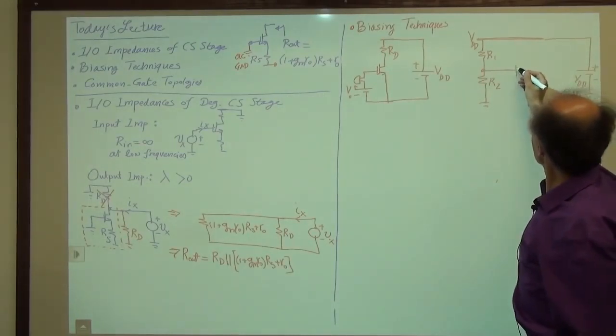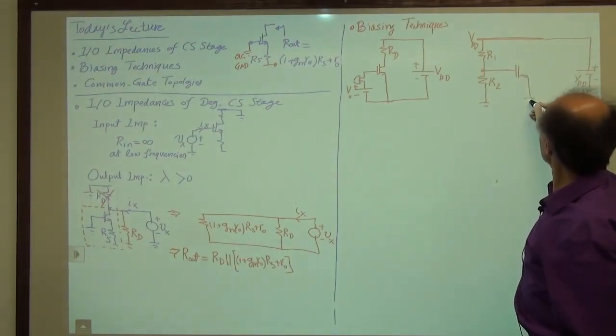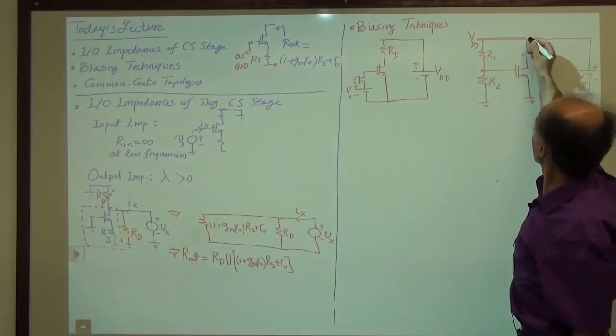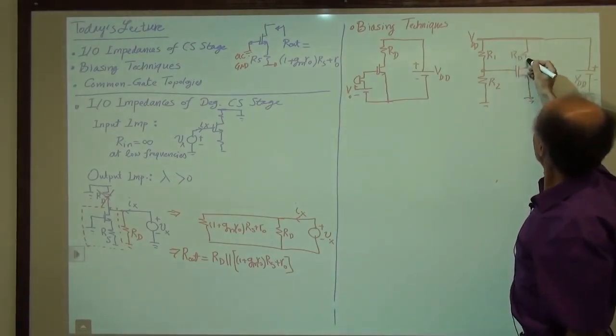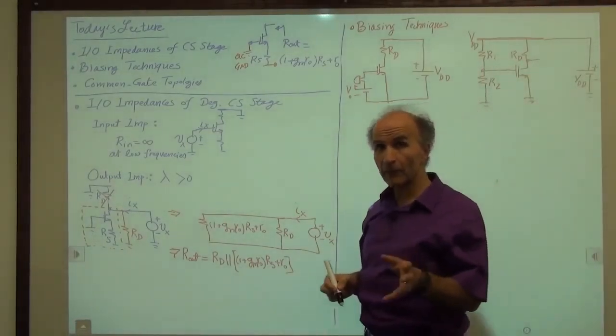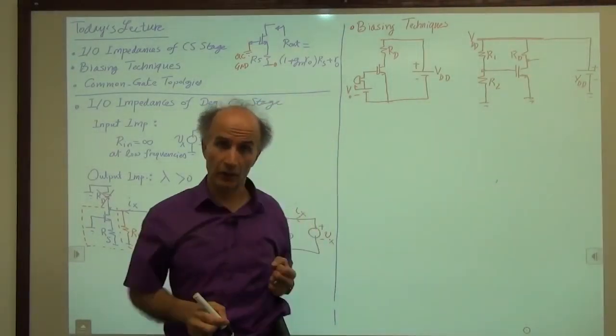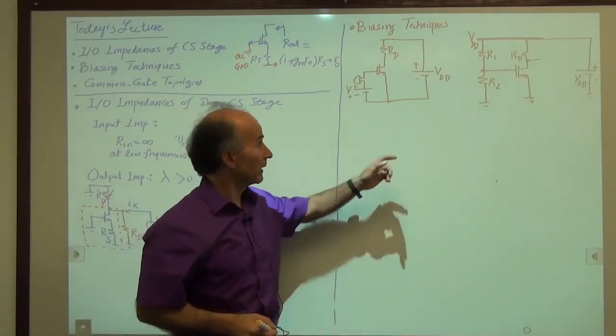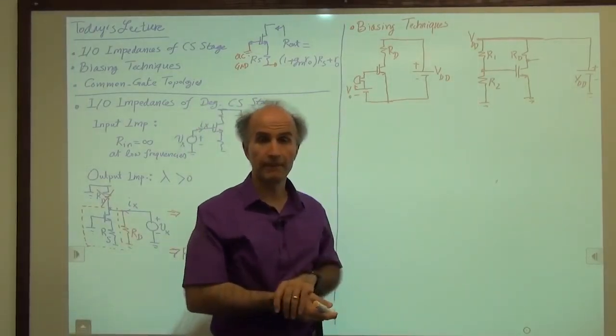Now I can give this to the gate of the MOS device. And then I still have the rest of the circuitry, and this circuit is now biased without having a battery for the gate network. The gate is simply biased by a resistive divider.